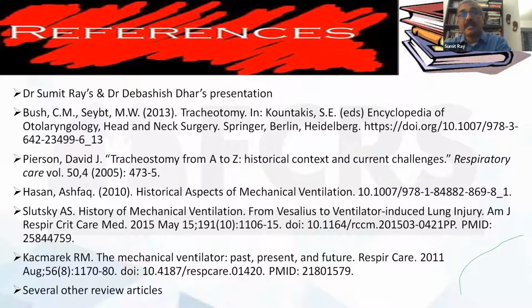But at a certain point of time, to be more physiological, we have to find better ways to develop negative pressure ventilation, with a reduced need to intubate, paralyze, etc. All these elements will come together.